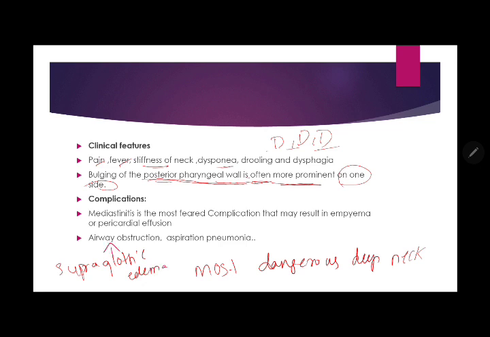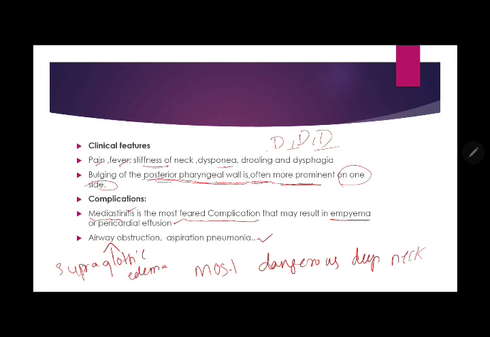So there is a complication of supraglottic edema with airway obstruction, and aspiration pneumonia due to the rupture of the abscess, and acute mediastinitis. So this mediastinitis is the most feared complication that may result in empyema or pericardial effusion.